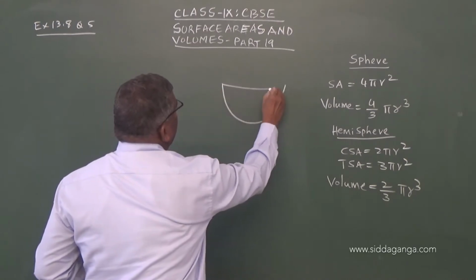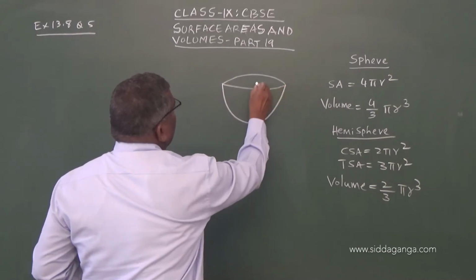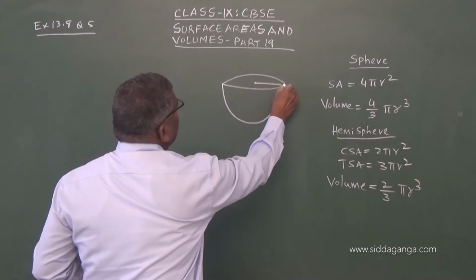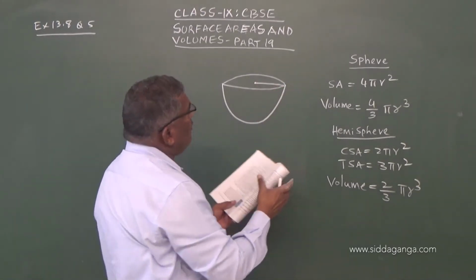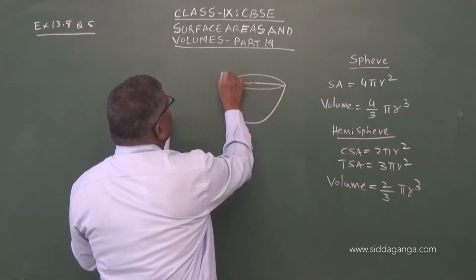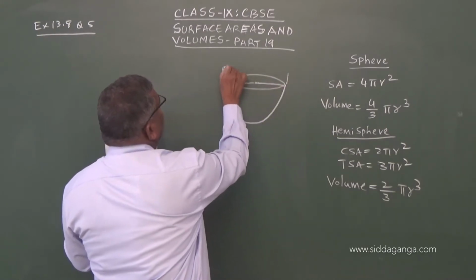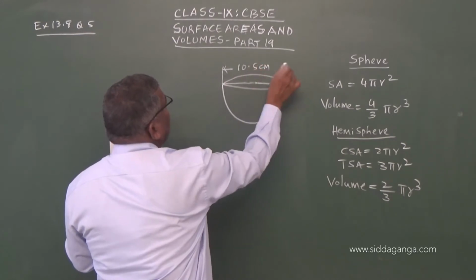So this is the hemispherical bowl, and the diameter is given here as 10.5 centimeter, from here to here.